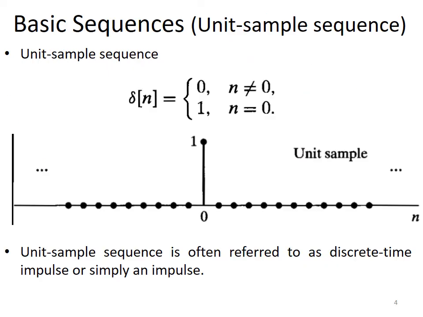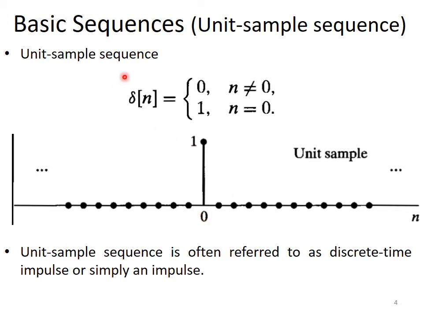So the basic sequences, as we did in continuous time, were unit impulse, unit step function, unit ramp function, exponential function, sinusoidal function. So we are going to discuss their discrete versions here, right? So the unit impulse in discrete time is called the unit sample sequence, right? It is only one sample that appears at 0, and it is 0 elsewhere.